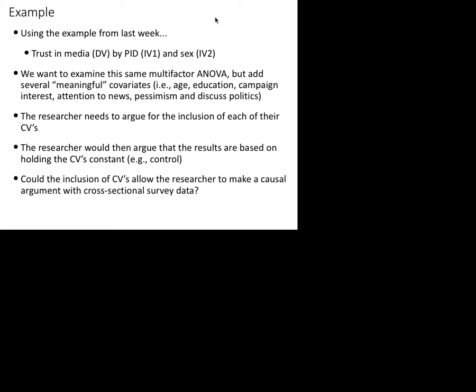And so the researcher would then be able to argue that the results are based on holding the set of covariates constant, e.g., controlling for those features. And then the final point there is, what are the criteria for making a causal argument?